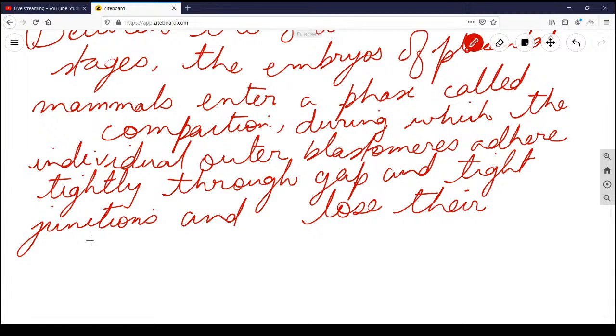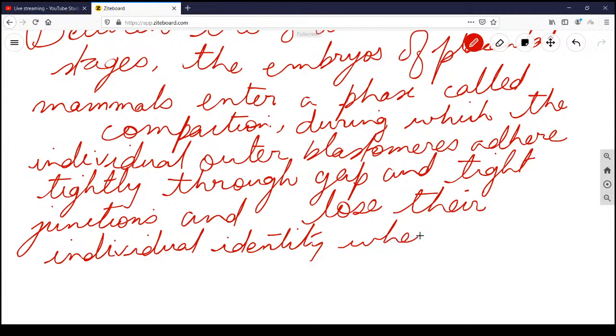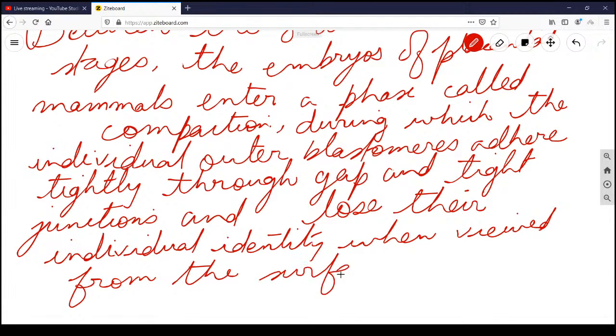So always write that line: their individual identity when viewed from the surface. Okay, so that is why compaction happens.